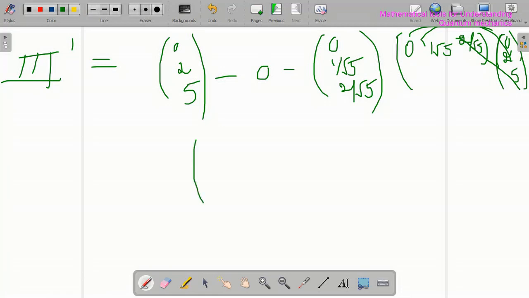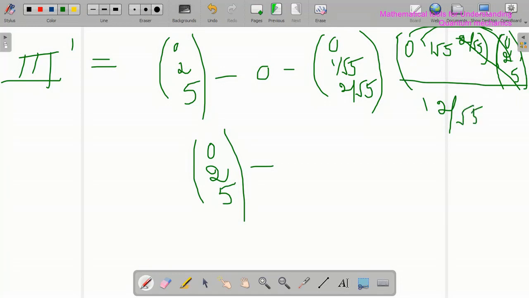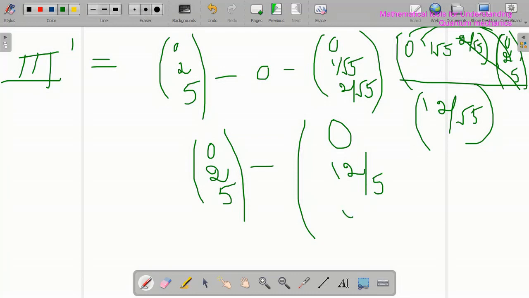So this is 0, 2, 5 minus 12 by root 5 times the vector 0, 1 by root 5, 2 by root 5. That gives 0, 12 by 5, 24 by 5.